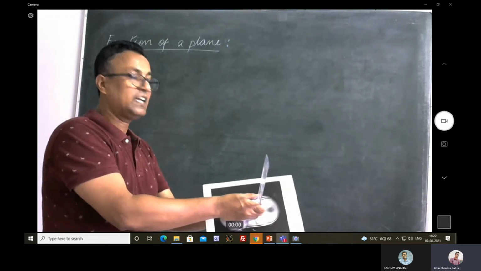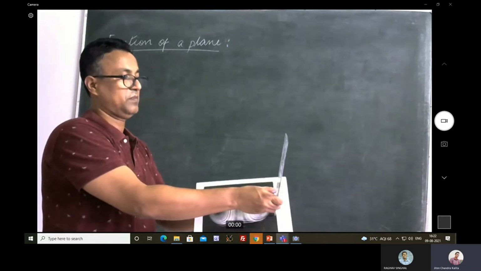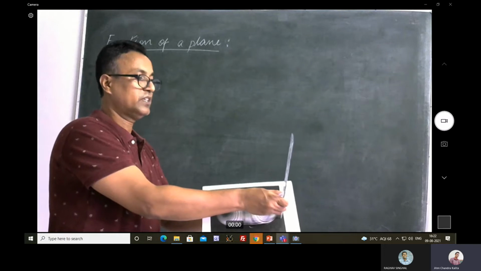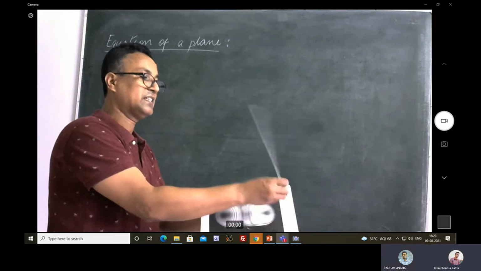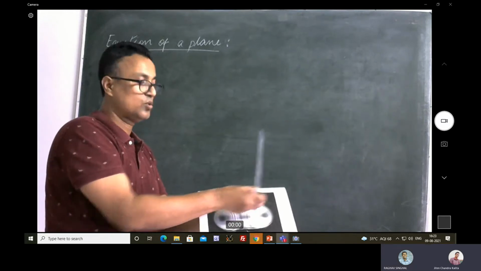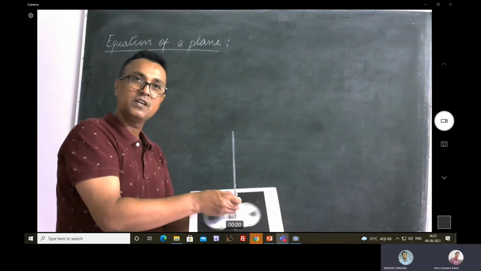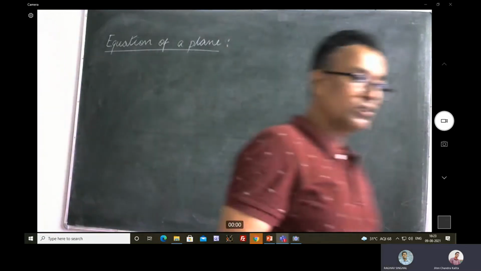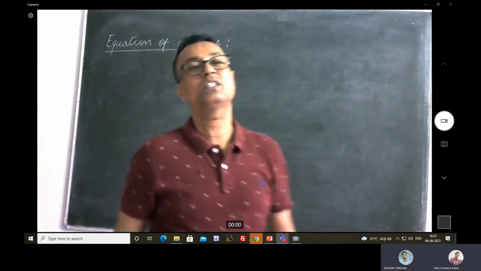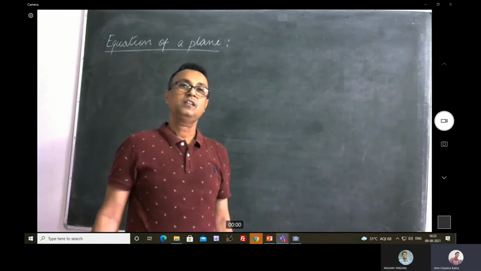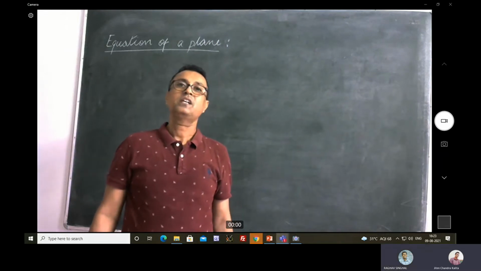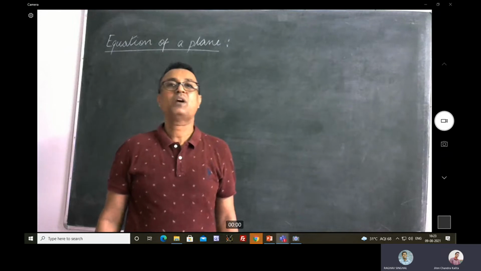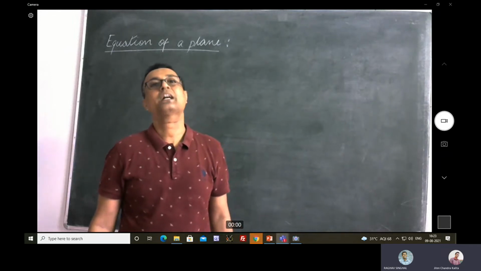By parallel displacement, if you know a normal at a particular point of the plane, you can make that normal a normal at any point on that plane. So the information that will be given to you in order to find the vector equation of the plane is a fixed point lying on the plane, and the normal to the plane at that point.